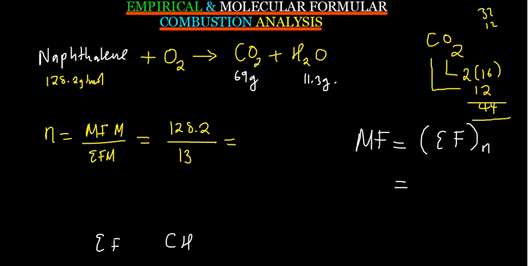So that is 128.2 divided by 13, and that is about 9.8, which is basically 10. Okay, 9.8. So get your own number. So meaning that the molecular formula is going to be, empirical formula is CH, and then where there is n you are going to put 10.